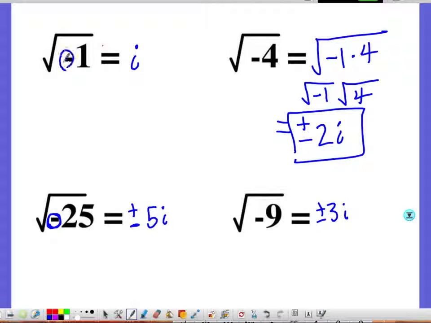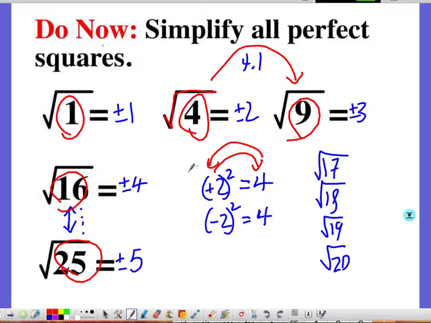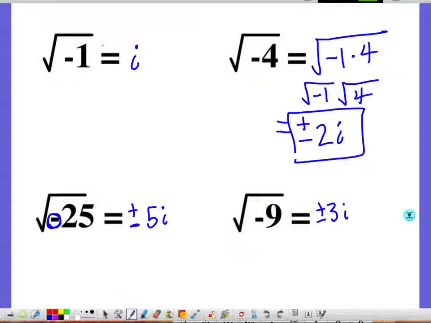So because I have a negative inside the square root, that means that my final answer will have an i. So can you see that for all of these, it's basically the same thing as this, except because it's negative inside the square root, we added an i to it.